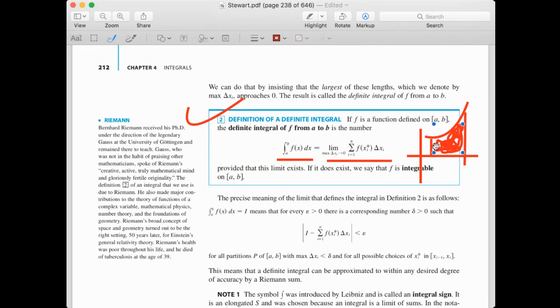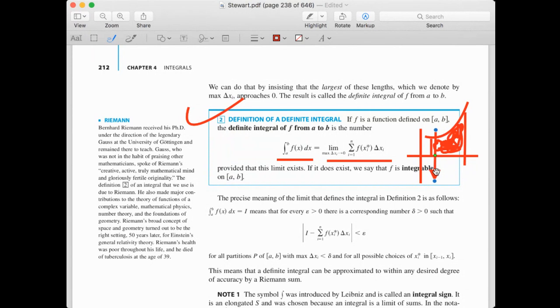And what do we do? We cut this into n pieces, many pieces, and we approximate each with a rectangle. Then we let this n go to infinity. Let's say this is one of the pieces, and we call its width delta x_i.